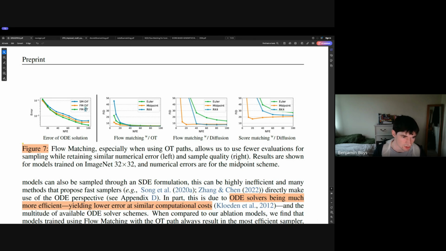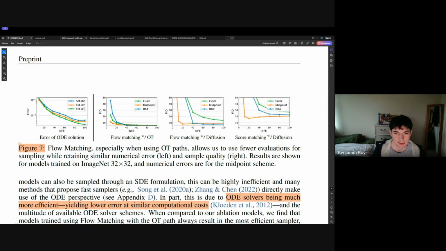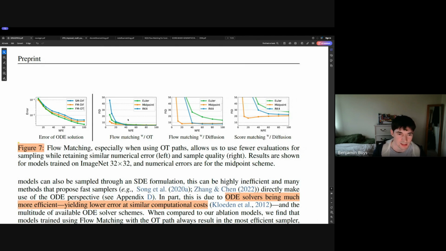So this optimal transport path, the straighter lines, it induces smaller error for a given number of steps in generating. And not only that, you get smaller FID than this diffusion path with flow matching.